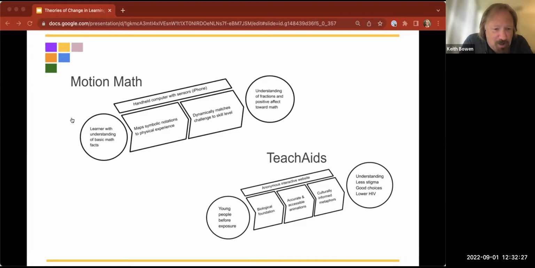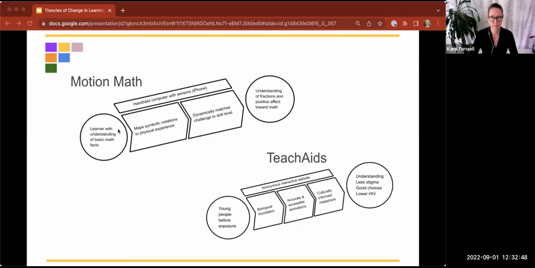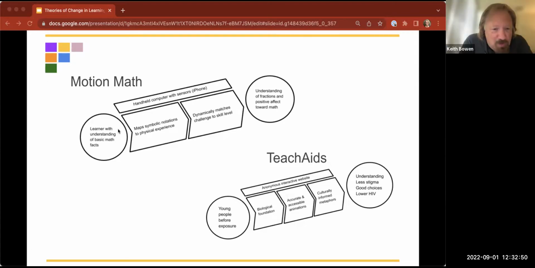And a similar kind of chain: young people before the program, a program using anonymous interactive learning modules based on a clinical biological foundation with accurate but accessible animations, and using culturally informed metaphors. It leads to better understanding, as we said, less stigma, good choices, and lower cases of HIV.